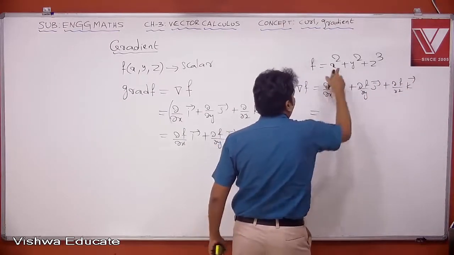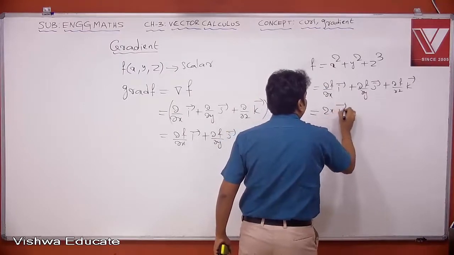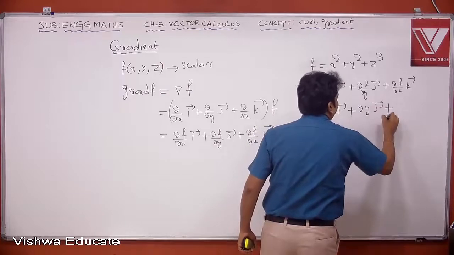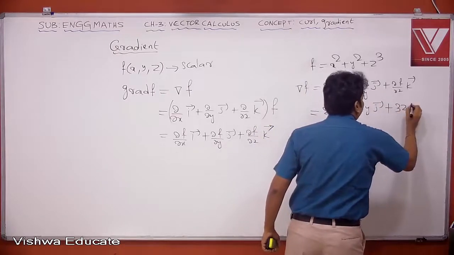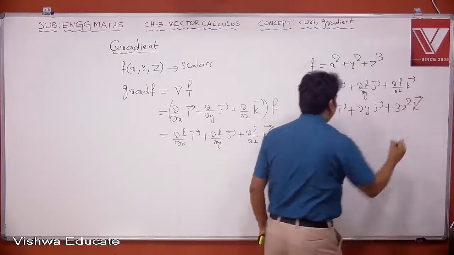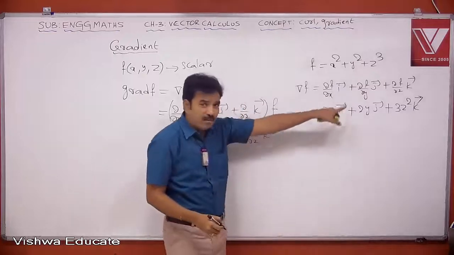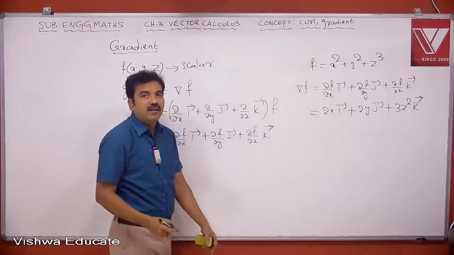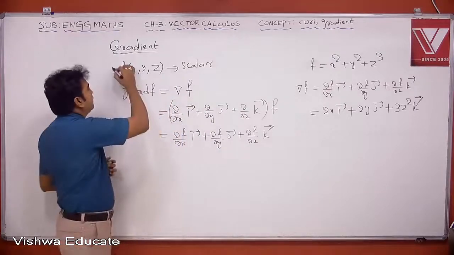Here dou f by dou x is 2x, so this is 2x i bar. Dou f by dou y is 2y j bar. Dou f by dou z is 3z square. So therefore its gradient is given by this vector: 2x i bar plus 2y j bar plus 3z square k bar. Note this point.